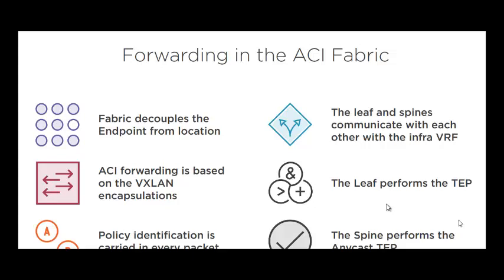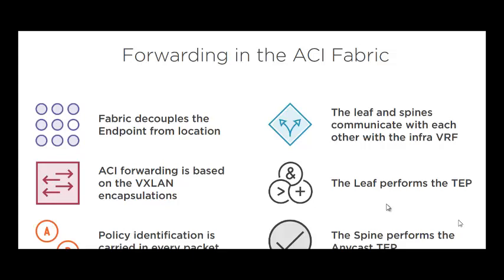These are the MAC address of the leaf, the remote leaf, the spine. They are the ones which determine the path, not your original MAC address or IP address, or destination MAC address and destination IP address. That's what the first point says.